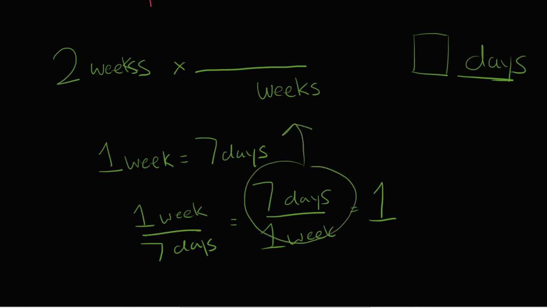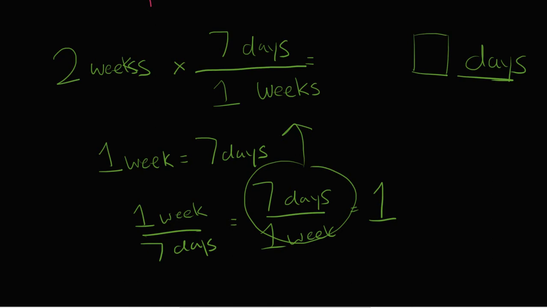So that means 1 week is also equal to 7 days. Now this might not look like 1, right? Because these are completely two different units. However, their values are the same. So while I might get a different number, it's overall the same value. Now, as I multiply this out, things on top cancel out things on the bottom.